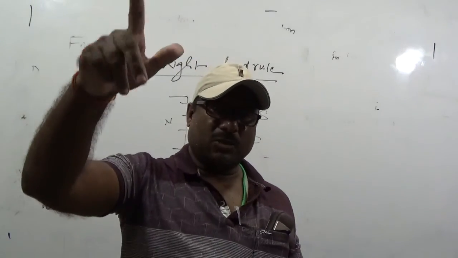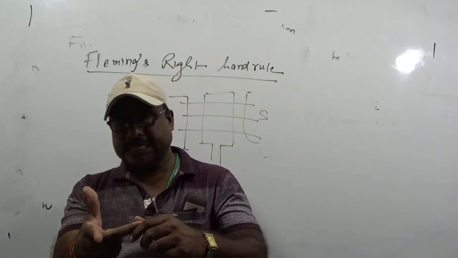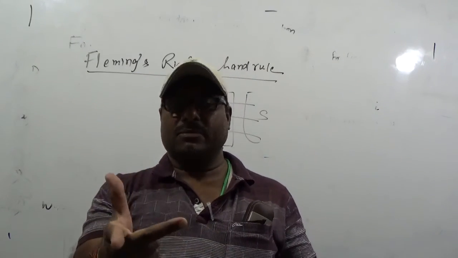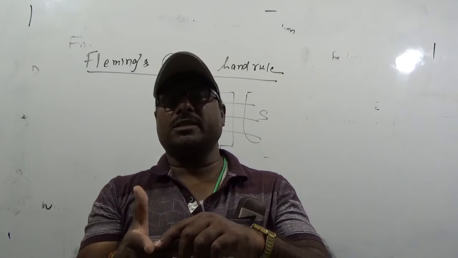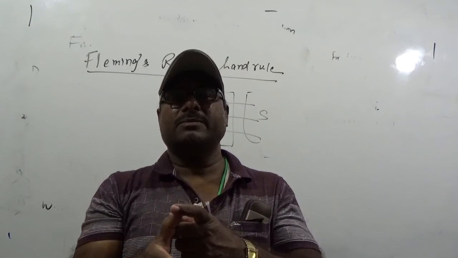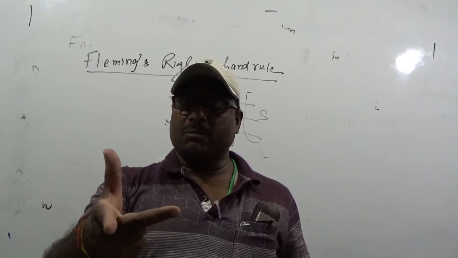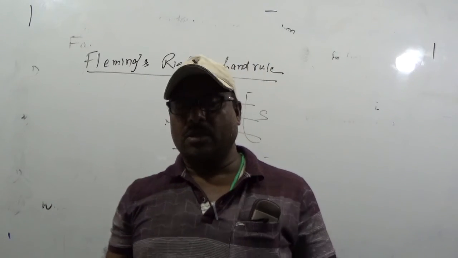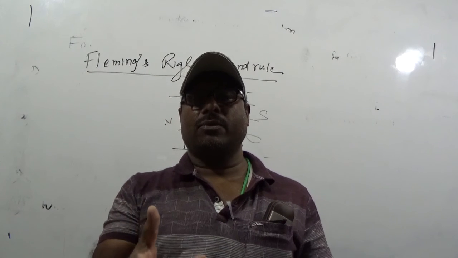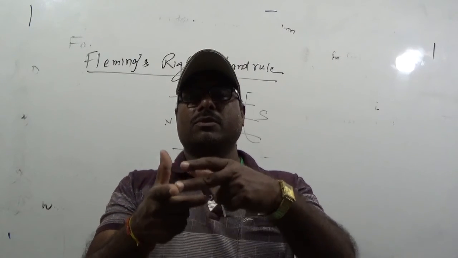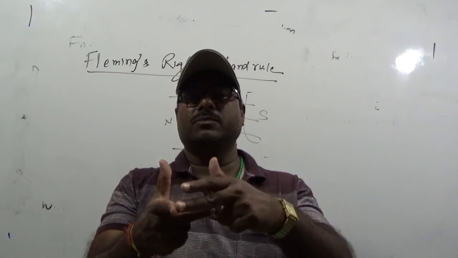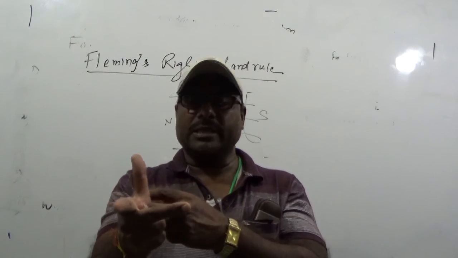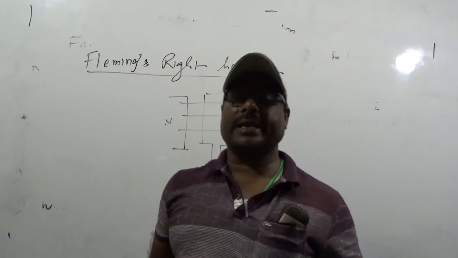So Fleming's right hand rule: if the forefinger, second finger and thumb are stretched in such a way that they are mutually perpendicular to each other, if this forefinger shows the magnetic field, thumb will show the motion, then the second finger will show the current.